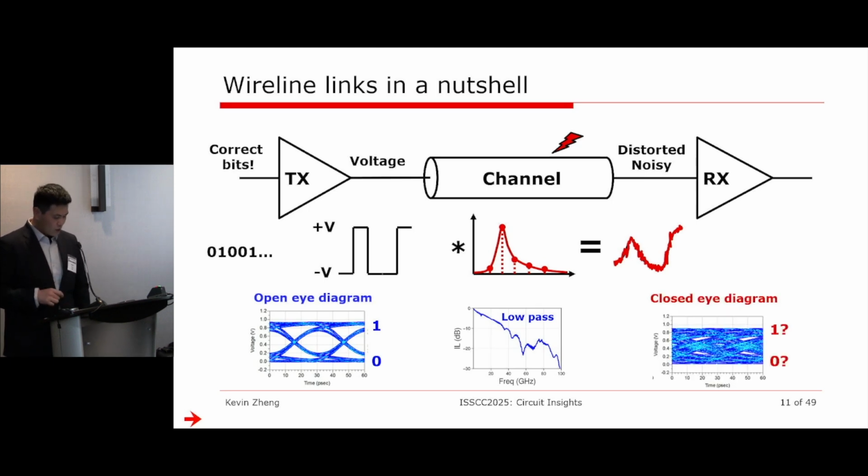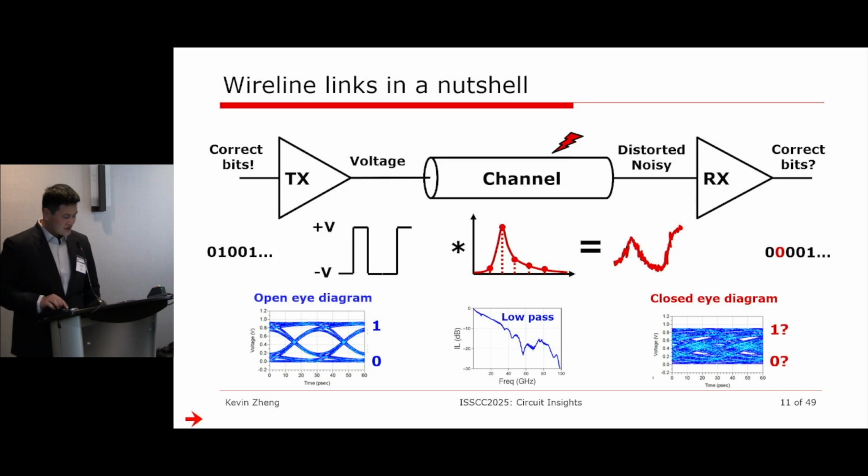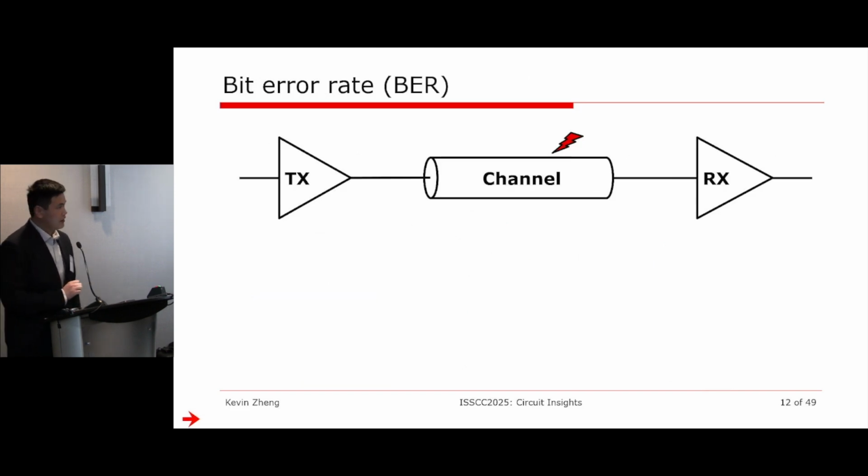If I look at the whole eye diagram exercise again, this is kind of what you're going to get. There's no easy way to distinguish what a 0 is or what a 1 is, right? Now, the receiver's job is trying to figure out what the transmitter said. And along the way, it might make a mistake, right? So when it makes a mistake, this is what we call a bit error, right?